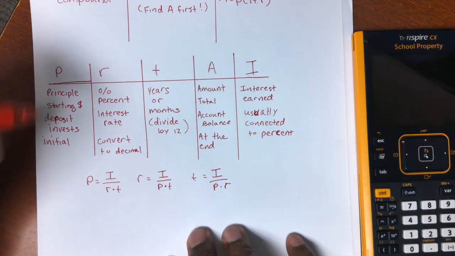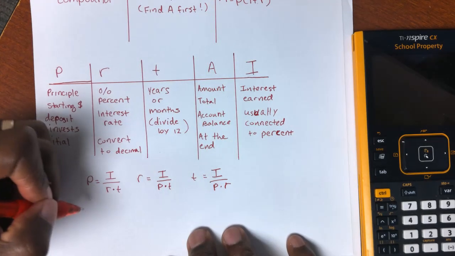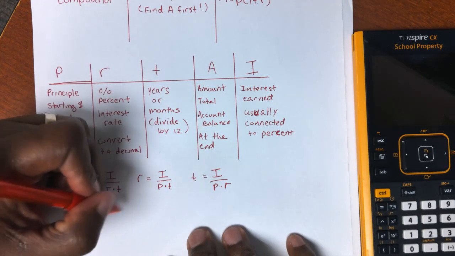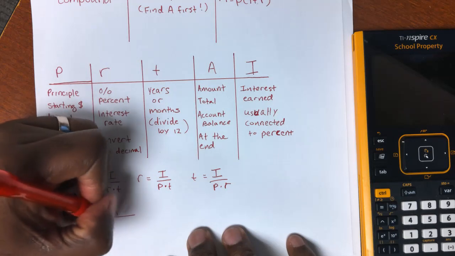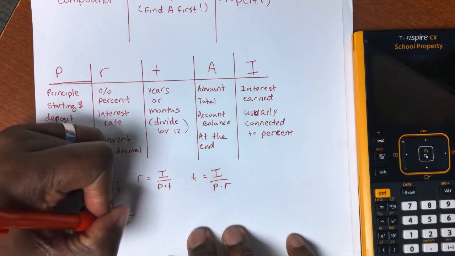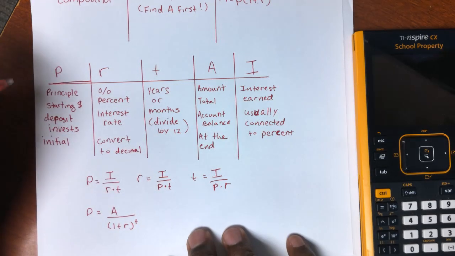For compound interest, same concept. P would be equal to A divided by (1 plus R) raised to the T power. That's about as far as we're going to go with that.